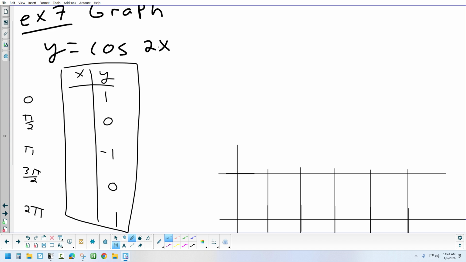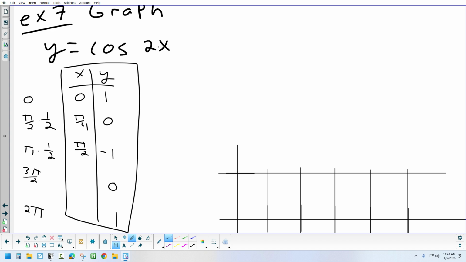Well, half of 0 is 0. What's half of pi over 2? Yep, pi over 4. What's half of pi? Pi over 2.